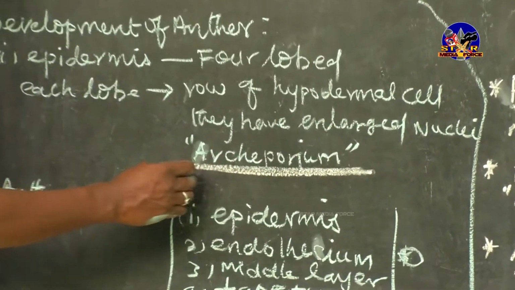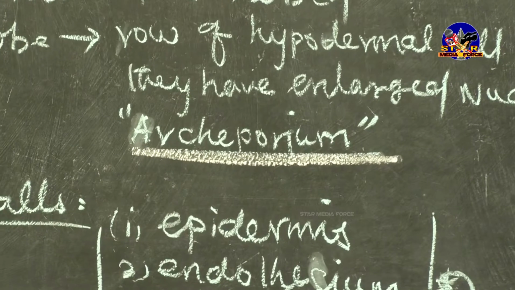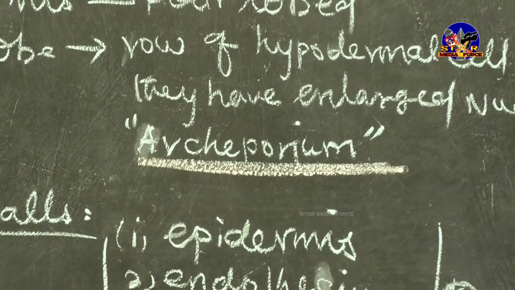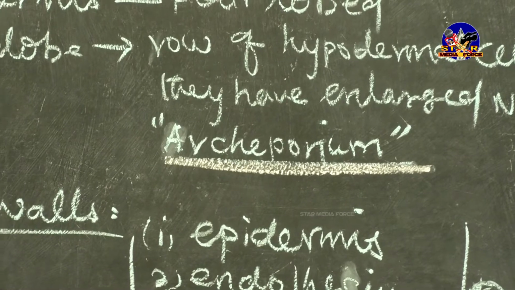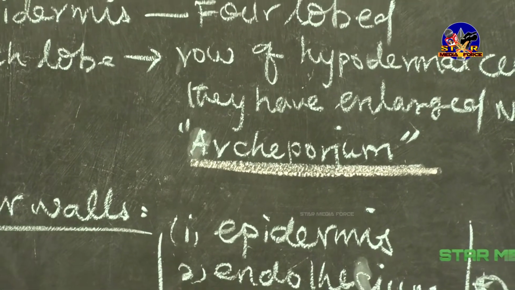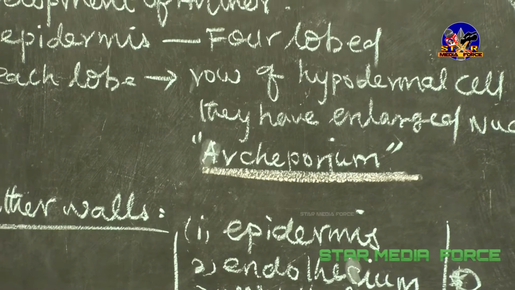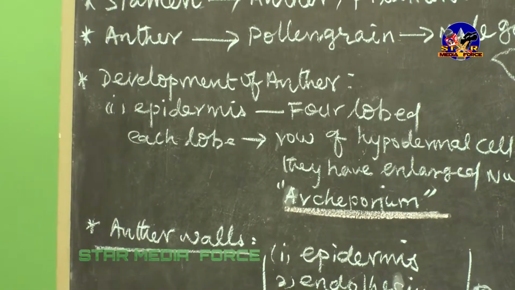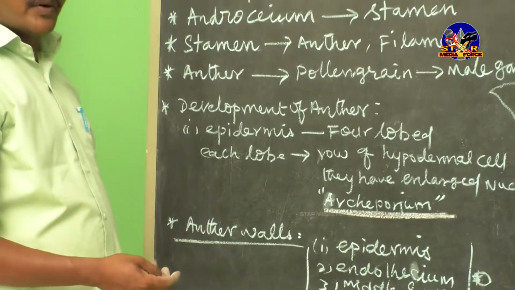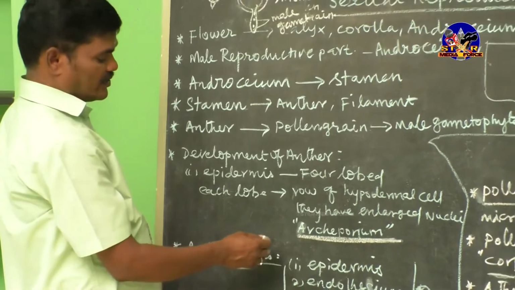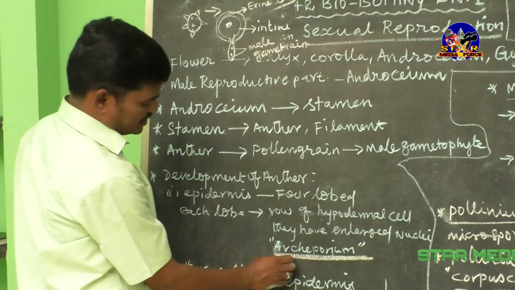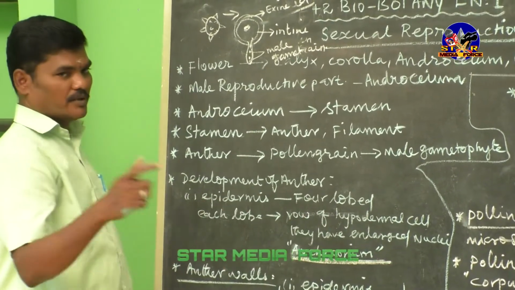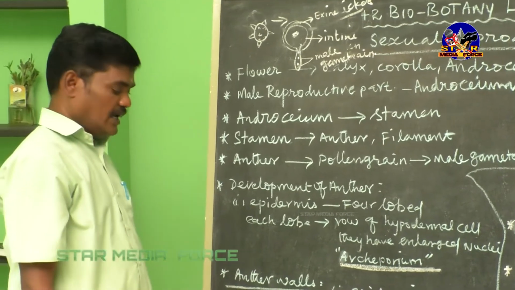This is a very important word, 1 mark question as well as 2 mark question. What is the archesporium? The spore mother cell or primordial cell is going to divide, and inside the group of cell mass only one cell has a well-developed, enlarged nucleus. That nucleated cell is called archesporium. This archesporium only is going to develop the pollen sac and so on.